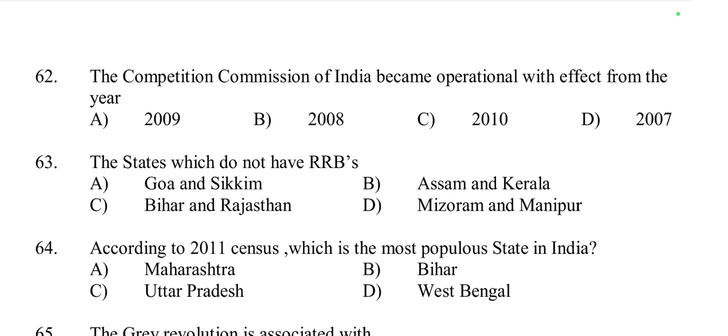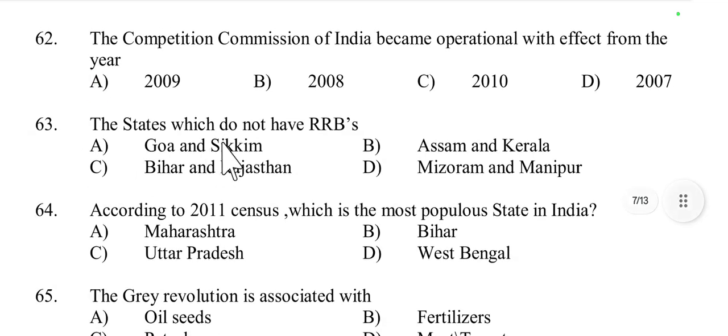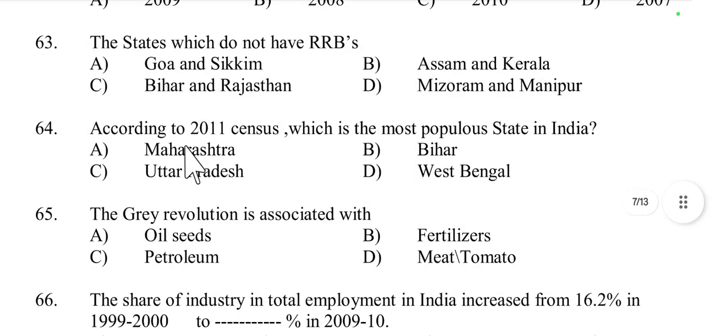So the answer is A. Then question 63, the states which do not have RRB, regional rural banks: Goa and Sikkim. Yes, Goa and Sikkim have no regional rural bank. Then question number 64, according to the 2011 census, which is the most populous state in India? Maharashtra, Bihar, Uttar Pradesh, West Bengal. The most populous state in 2011 was Uttar Pradesh.